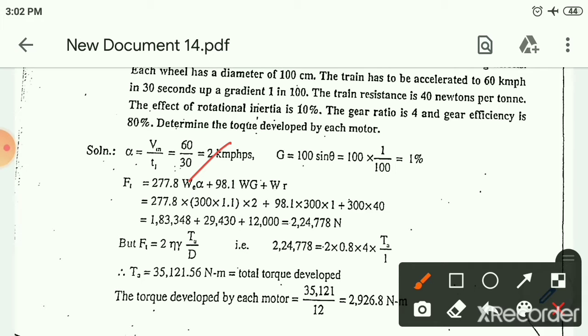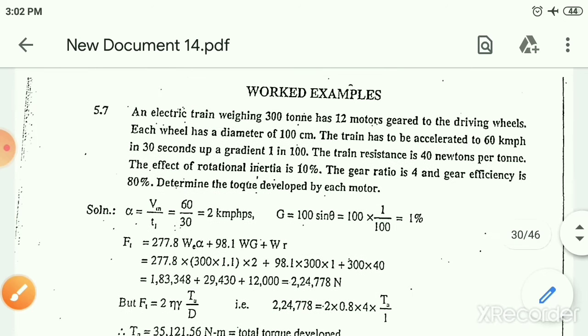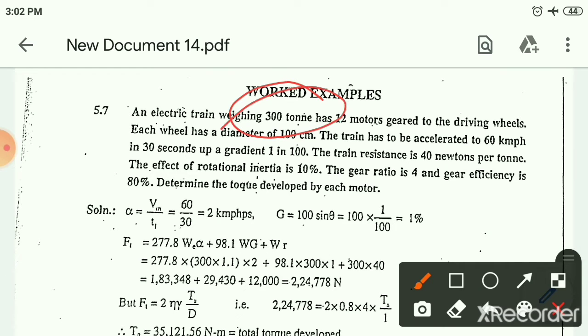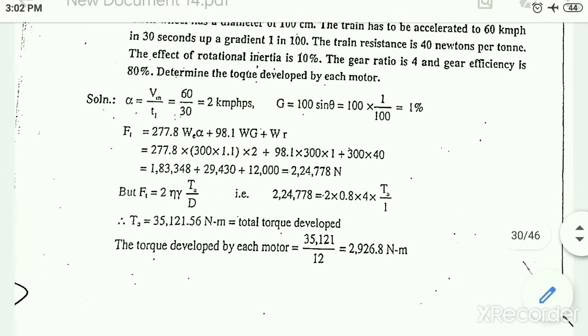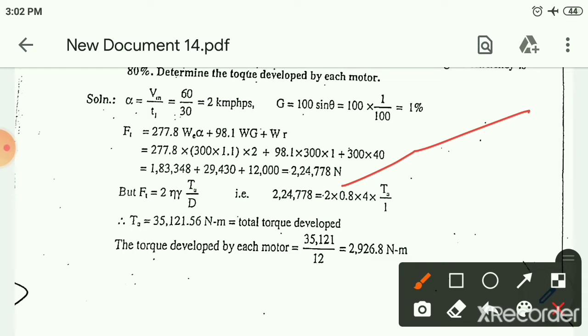The weight is 300 ton. Substituting and calculating, Ft is 2,24,778 Newton. Just remember this.